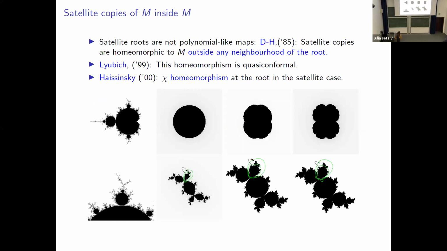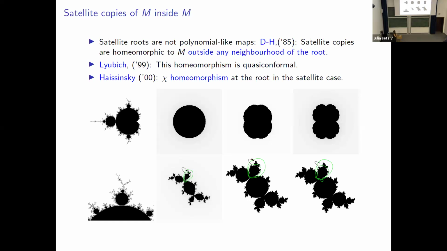If I take a parameter here, I have my period 3 cycle, and I can take a degree 2 polynomial-like restriction in a neighborhood of this. And the same I can do further down.